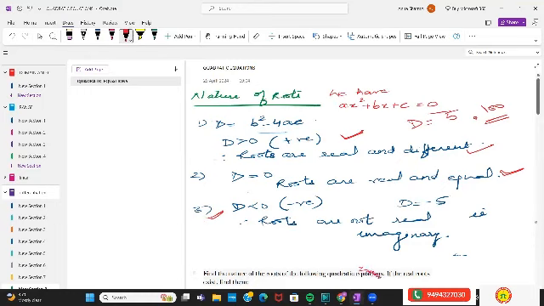Discriminant is b square minus 4ac. Yes, beta. Then what do we use the other formula for? The quadratic formula. When you are not able to factorize your quadratic equation, you can use this formula also.